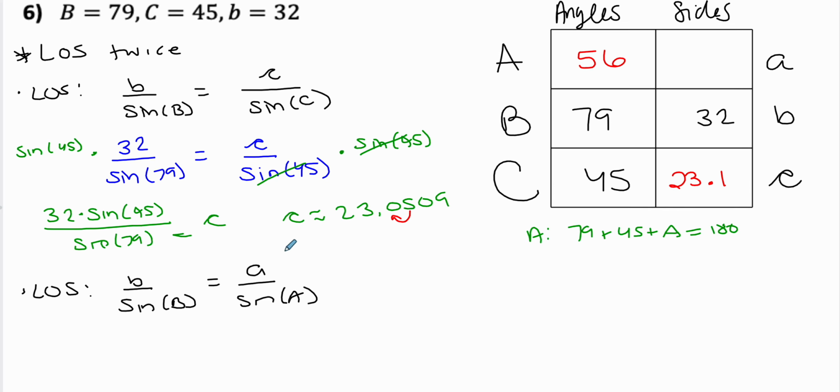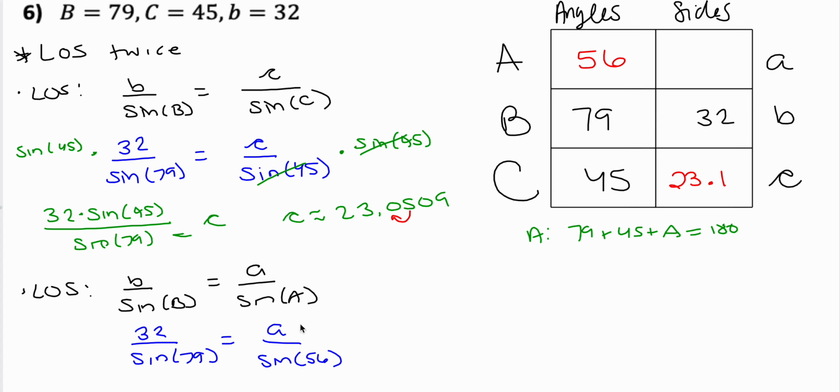Again, little b was 32 over sine of big B, which is 79, is equal to little a, which is unknown, over sine of big A, which was 56. To solve, I need to get a by itself.